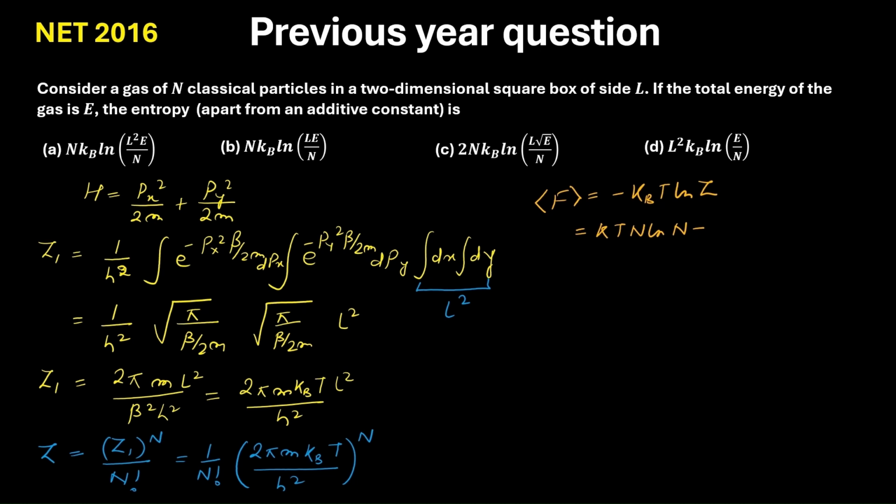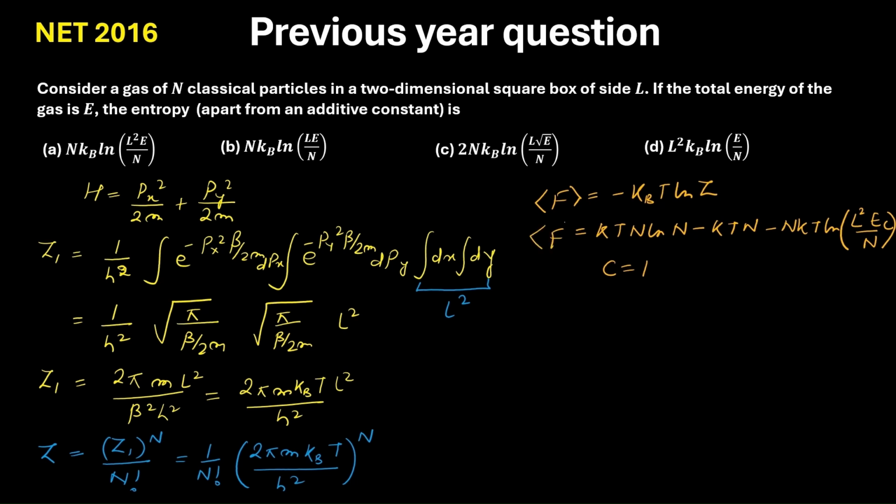So here you'll get kTn minus nkT log of L square E divided by n, into some constant C. Now later on you'll find that they have taken this constant C to be equal to 1. Otherwise none of the options will be matching. So if I take the constant factor C to be equal to 1, we have got the free energy.